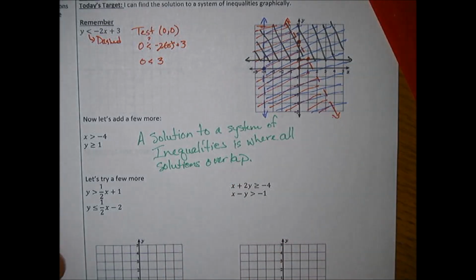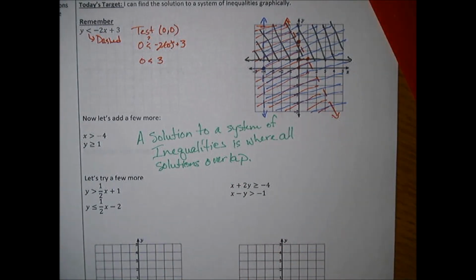So where all those other solutions overlap is actually going to be the solution of our system of inequalities.